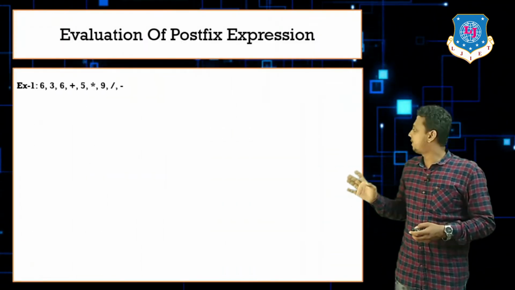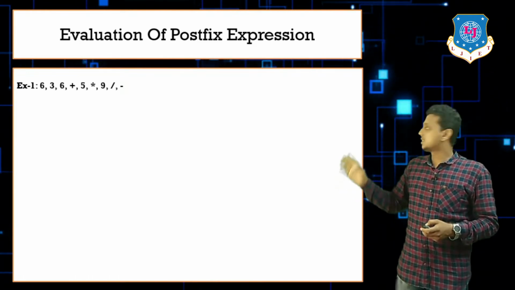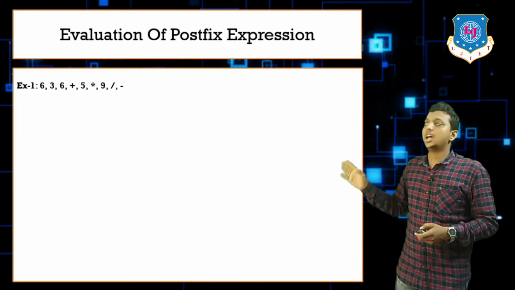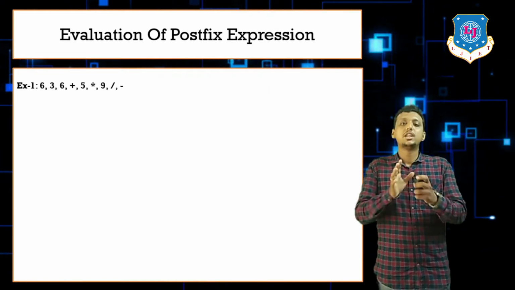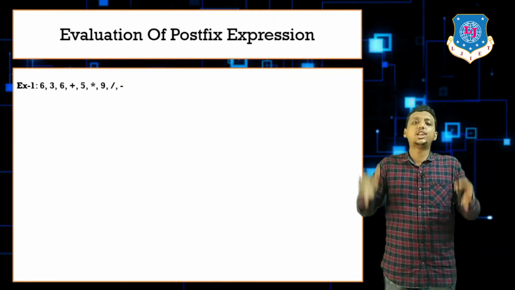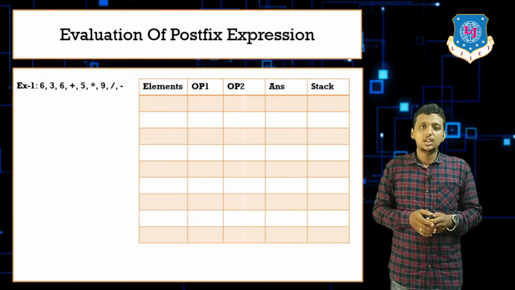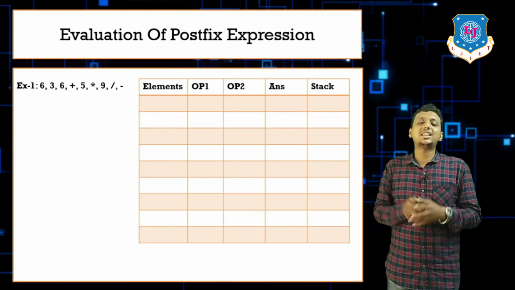So this is the very first example, students. You can see 6, 3, 6 plus 5 star 9 division minus. So what do we need to do here? We just need to make some 4 to 5 columns. First we have the expression, or we can say the elements.